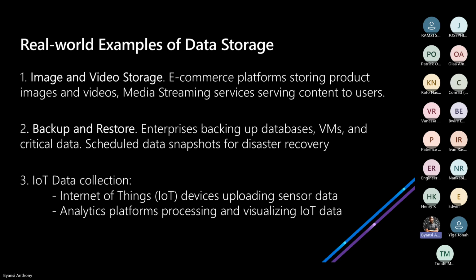The other real-world example that we can look at is backup and restore. When it comes to sensitive data within the organization, enterprises come up with that sort of replication of your data to several regions across the globe.